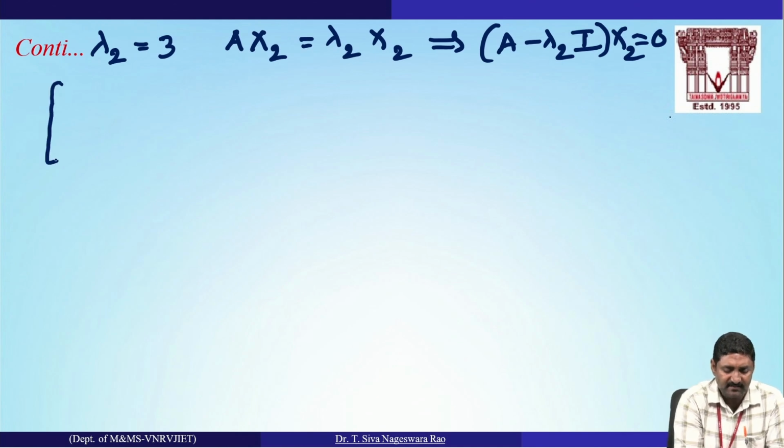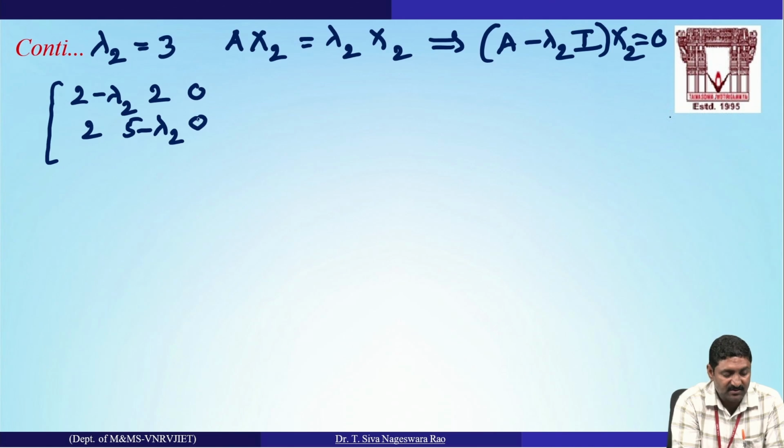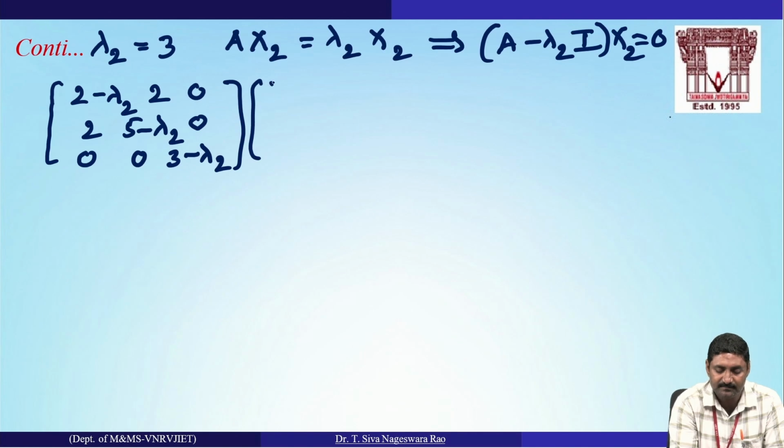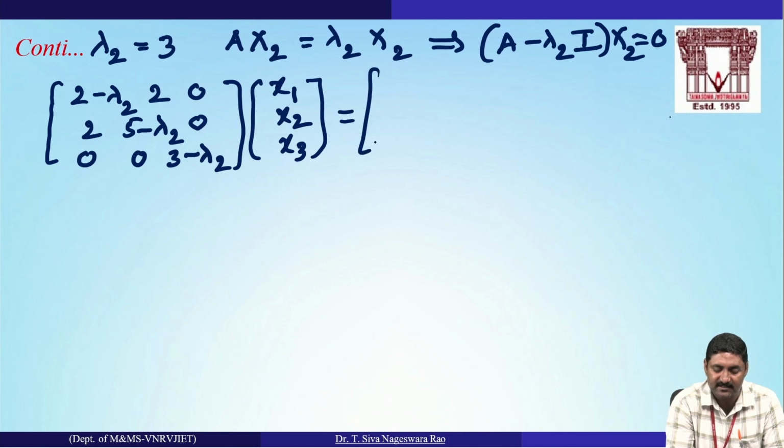Now I am going to write the characteristic matrix, that is A minus lambda 2 I: 2 minus lambda 2, 2, 0, 2, 5 minus lambda 2, 0, 0, 0, 3 minus lambda 2, multiplied with the column vector x2, which I assume as x1, x2, x3, equal to 0, 0, 0.